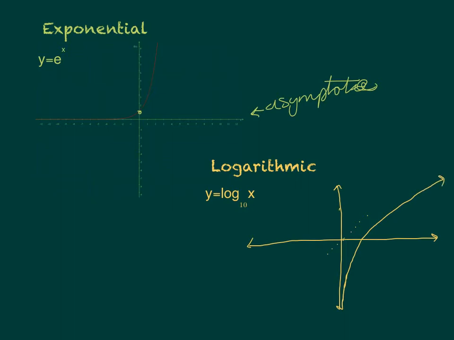But we're reflecting it over this line right here, our exponential function. So we're going to have an asymptote at the y-axis. And this one also is going to pass through 1, 0 right there. So that would be the critical thing to remember.